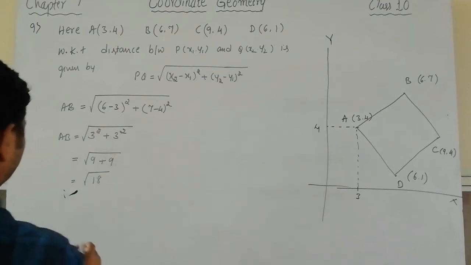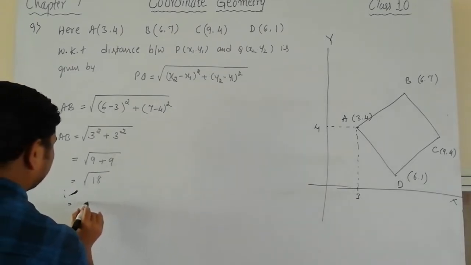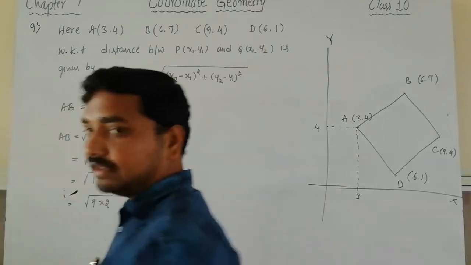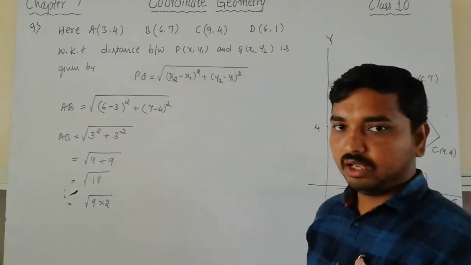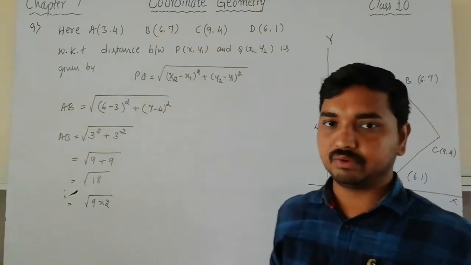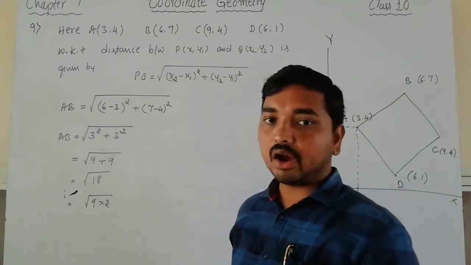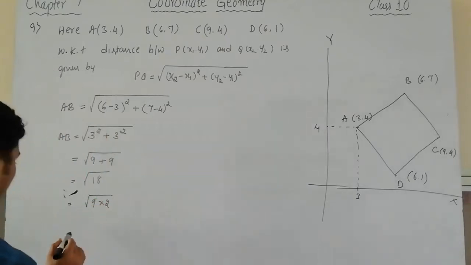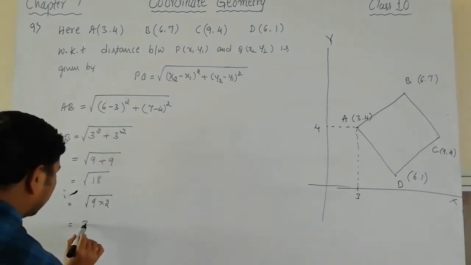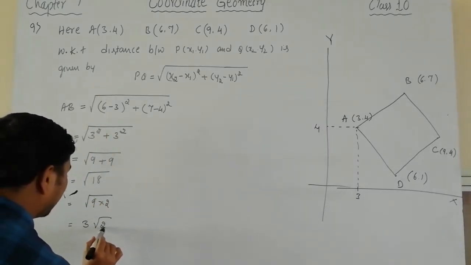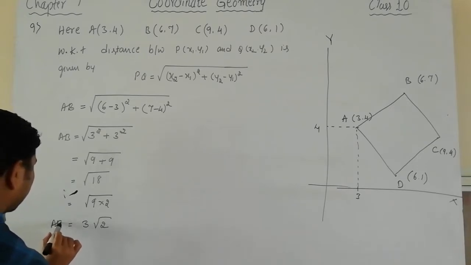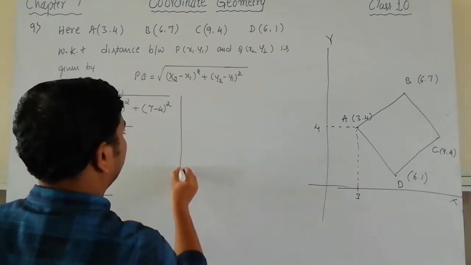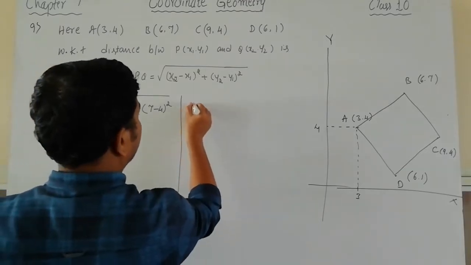You can write this as square root of 9 into 2, because 9 is a perfect square, so I have expressed 18 as a product with a perfect square. Then you can take 9 outside of the square root, it becomes 3. So finally AB is equal to 3 square root of 2. Now, after AB, I'm going to calculate BC.